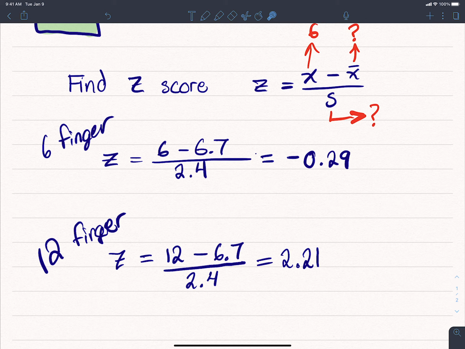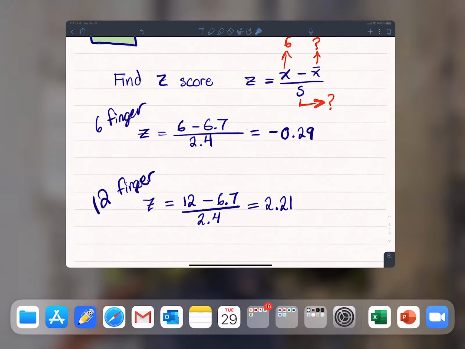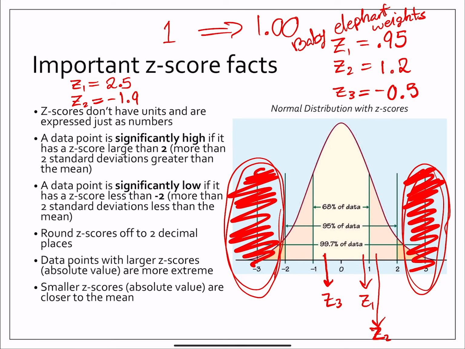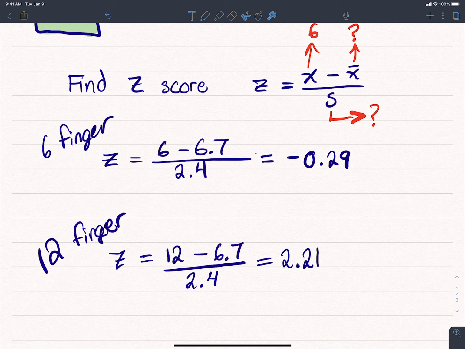It was extreme, yes, but it's two words. What are the two words down here? Significantly high. This alien's Z-score was larger than 2. Thus, the alien's number of fingers is significantly high, right?